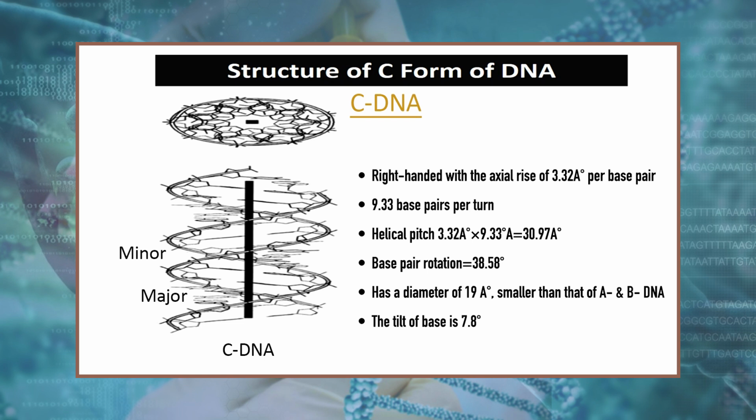Helical pitch is 3.32 angstroms times 9.33, and the base pair rotation is 38.58 degrees, and it has a diameter of 19 angstroms, smaller than that of the A-DNA and B-DNA. The tilt in this DNA is 7.8 degrees.